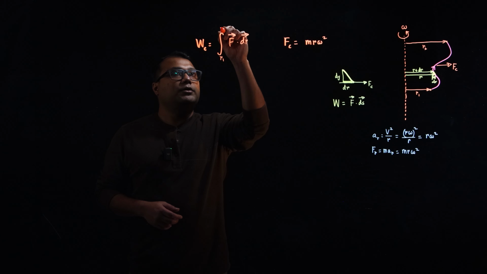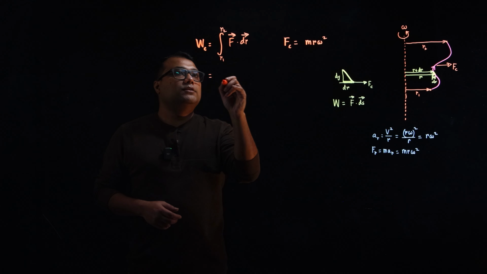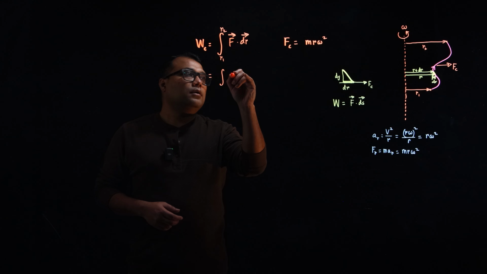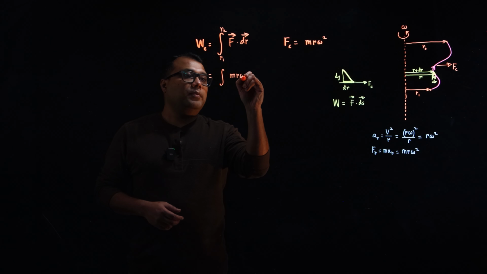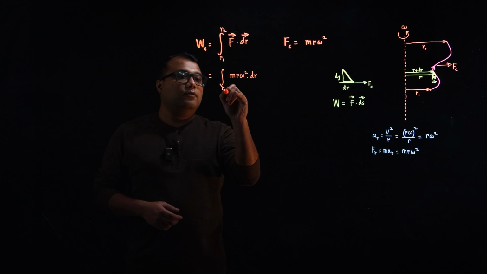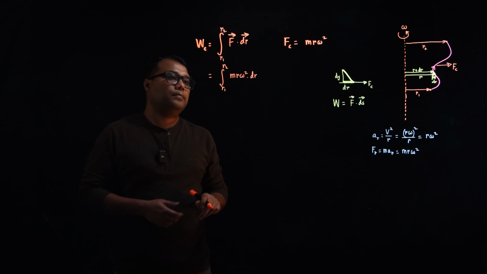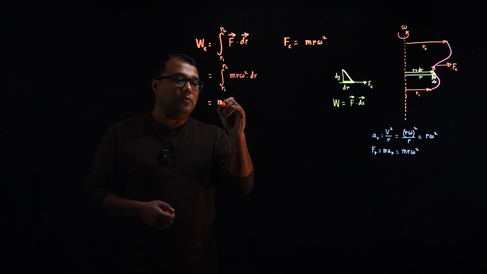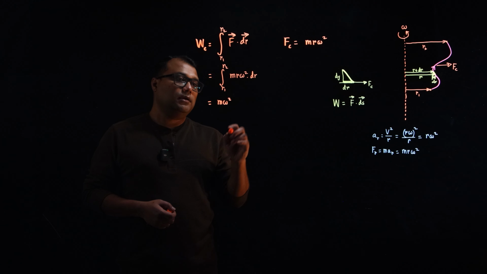and it's from R1 to R2, but this we can reduce as the integral of m r omega square into dr, R1 to R2. Okay, and then it's simple. m omega square is a constant.